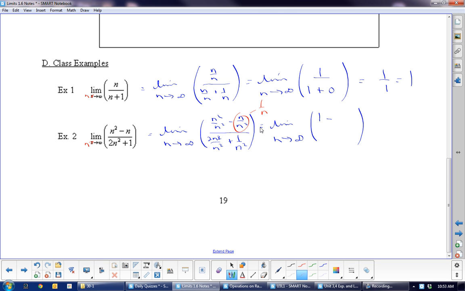So what does that equal? 0. What would 2n squared over n squared equal? 2. And 1 over n squared goes to 0. So the answer to this would be 1 minus 0 over 2 plus 0, which equals 1/2.